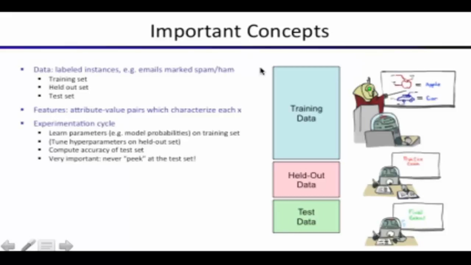The basic reason is that we want to use them for different purposes. Typically our model will have a large number of parameters; like in the BaseNet there's a huge number of probabilities. We want one data set that we use just to figure out what those probabilities are.